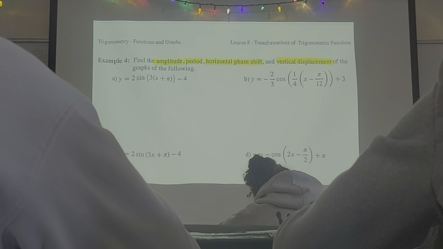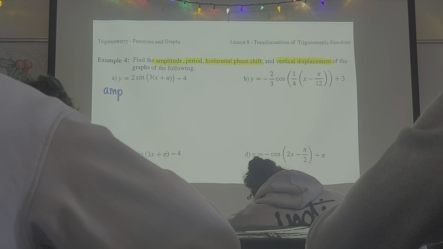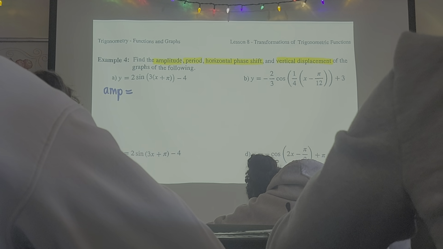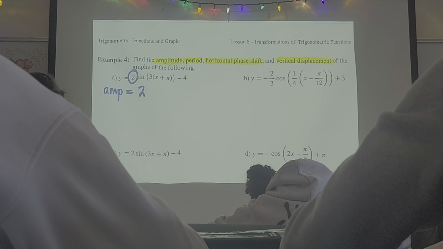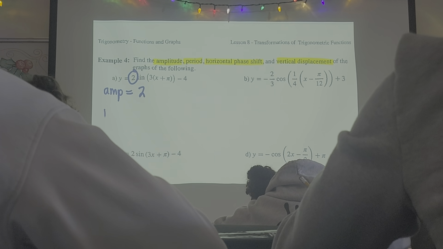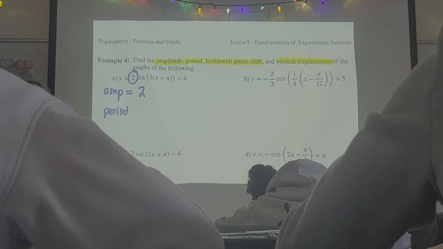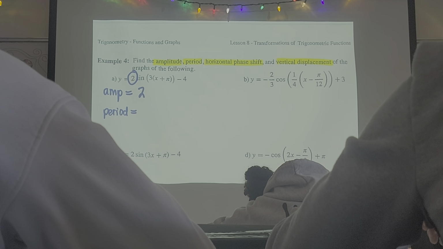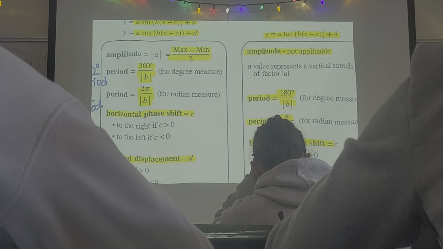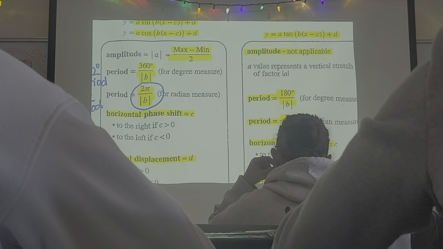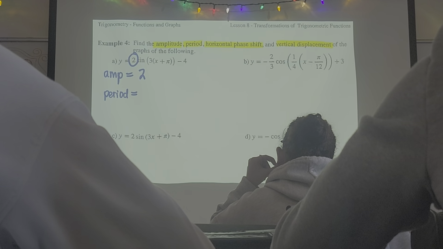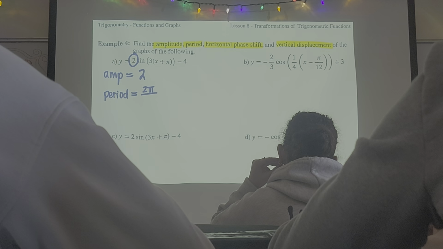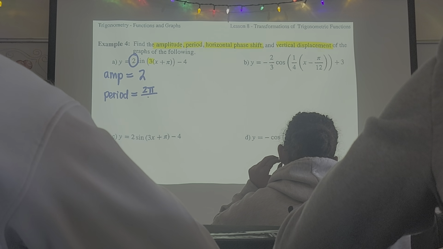So, what is our amplitude? Amplitude is 2. It's the number in the front. Period. How do we find period? Period is 2 pi over b. So our period in this case will be 2 pi over 3, since our b value is 3.